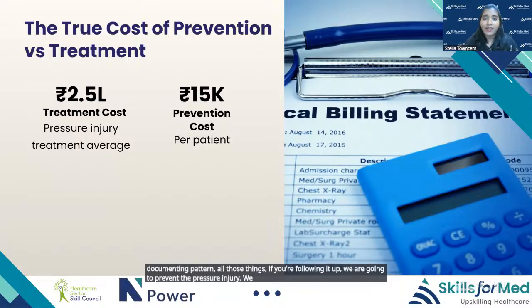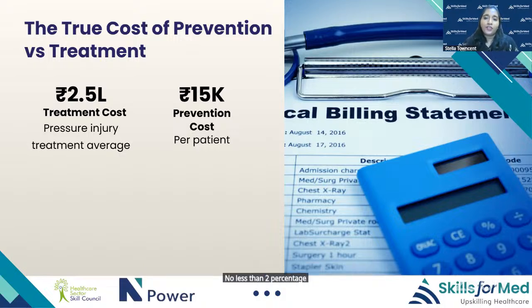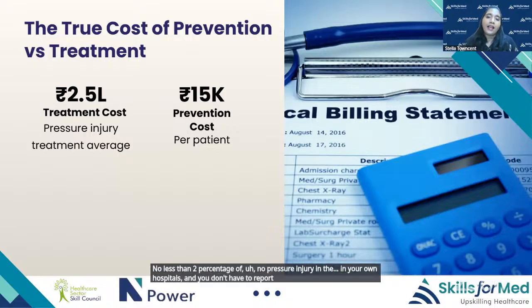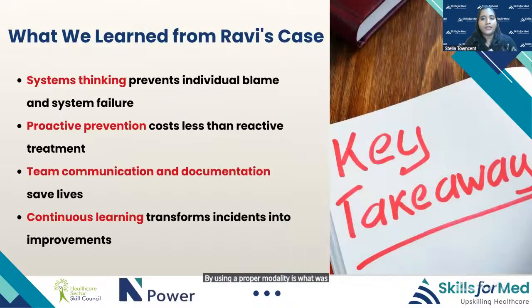We cannot eliminate it, but we can still strive hard to set the benchmark in our healthcare, no more than 2% pressure injury in your own hospitals, so you don't have to report many incidents of pressure injuries in your unit. So we all want to strive together to do all those things by using the proper modalities mentioned in this webinar.